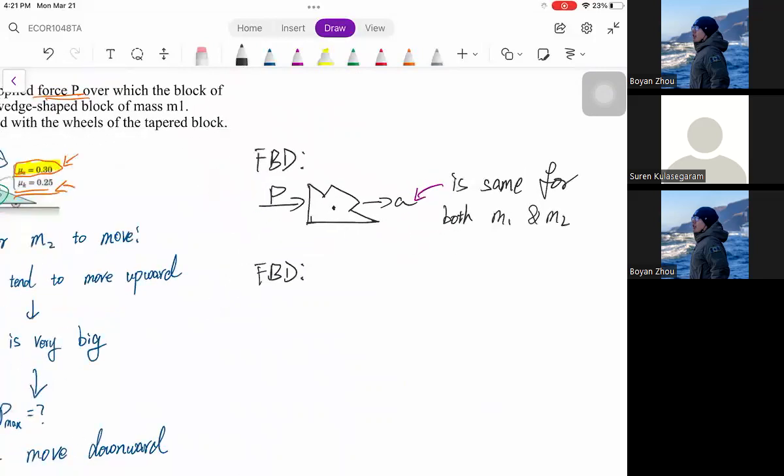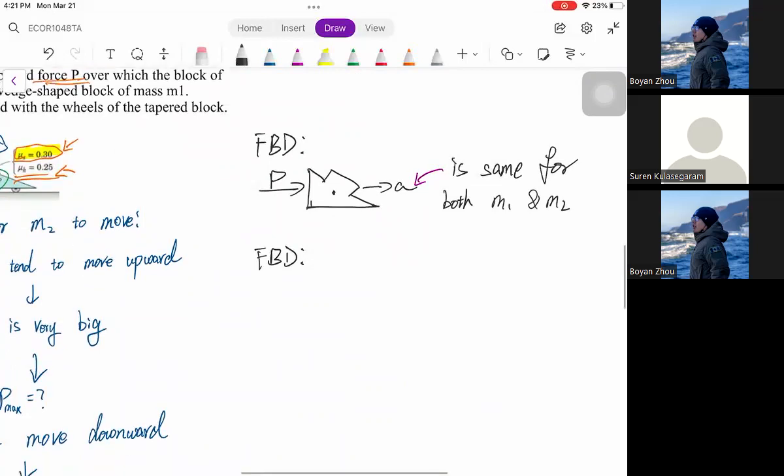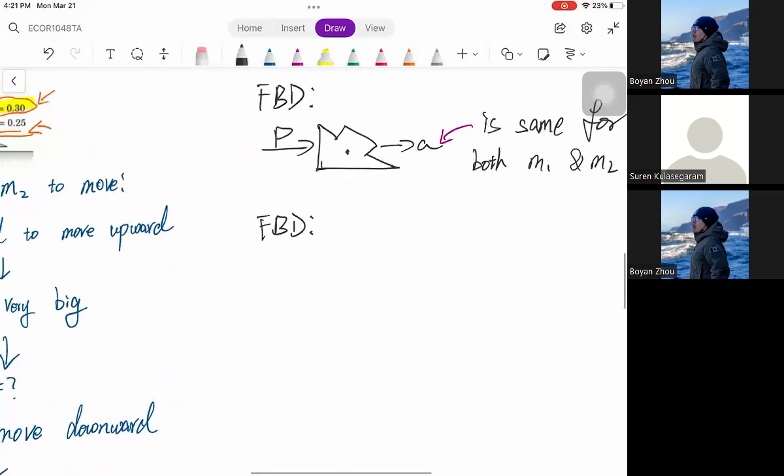Since M1 is not moving, we can just make the free body diagram for M2 directly, individually.